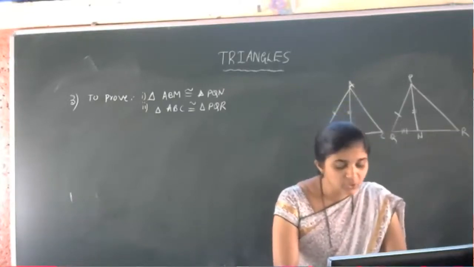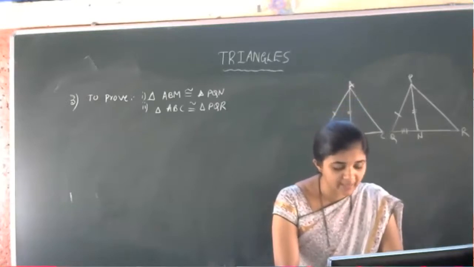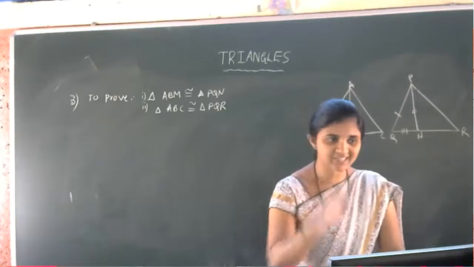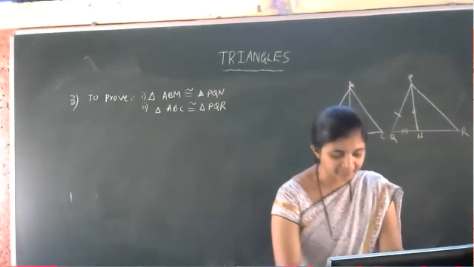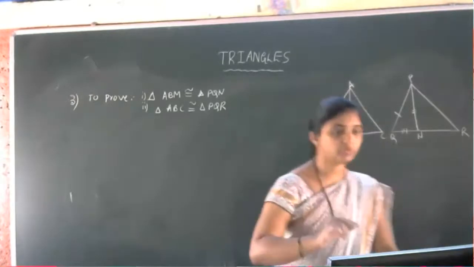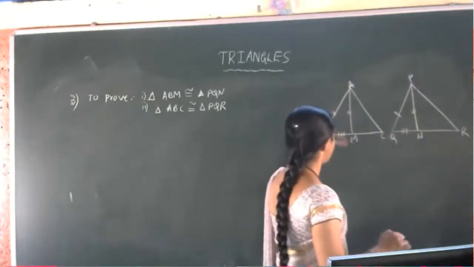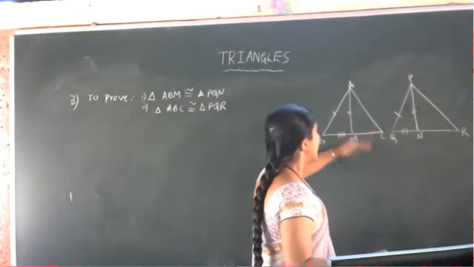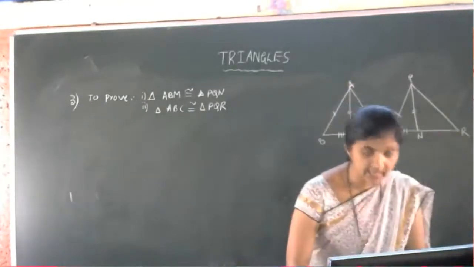Okay. Two sides AB and BC and median AM. Let us try to understand the sentence. They are discussing two sides, AB and BC, and the median AM.